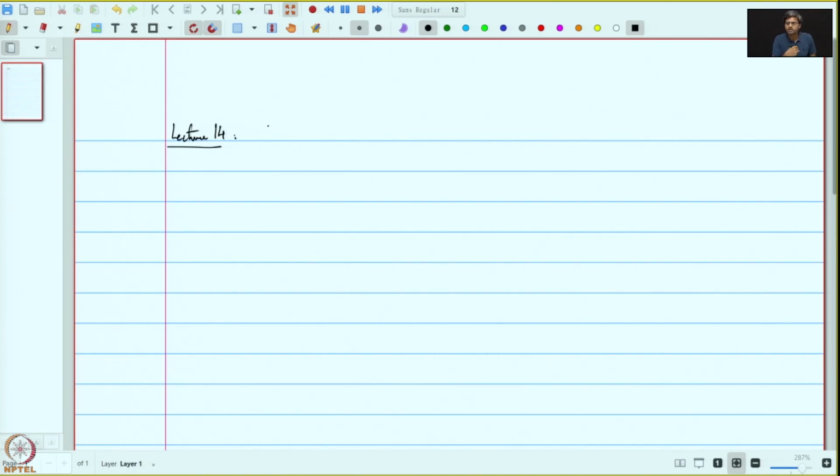Let us begin by recalling the definition of a metric space.